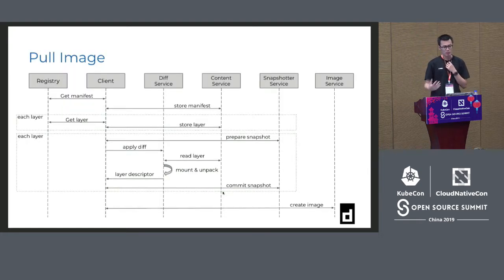Let's look at just a small example. When we want to deploy an image, it's not a call of one API but 4 APIs. For example, the diff service, content service, snapshotter, and the image service. This image service may be different from the image we usually talk about. It's used to manage metadata.